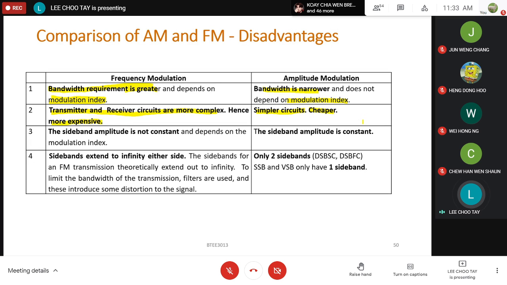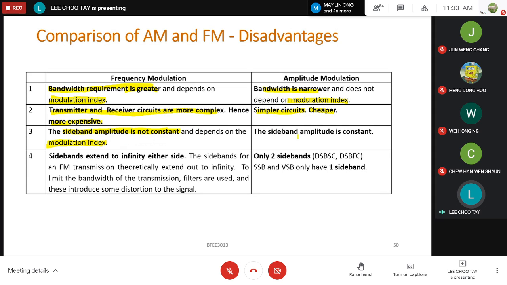The third disadvantage of FM is that the sideband amplitude is not constant. It depends on the modulation index. Basically, you can get the sideband amplitude from the Bessel coefficient, the J. Based on your modulation index, the J value will be different, so the sideband amplitude is not constant.